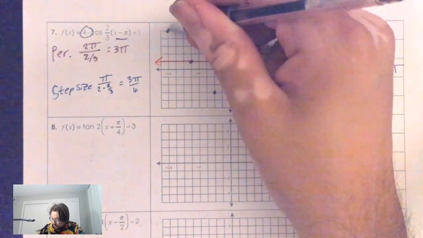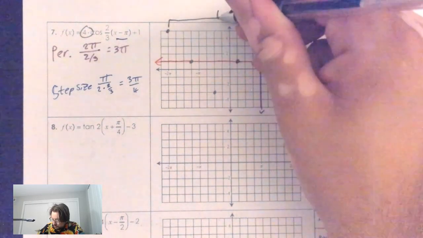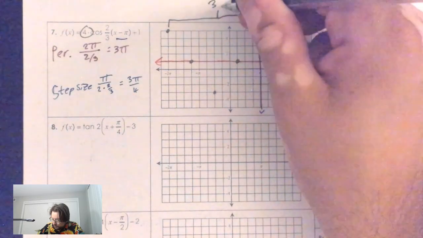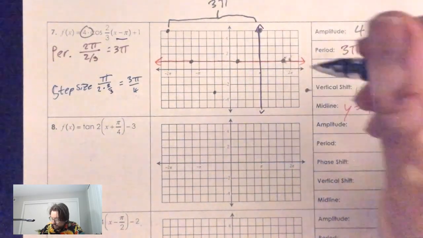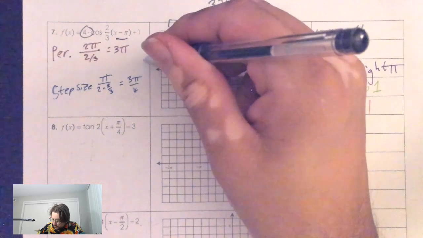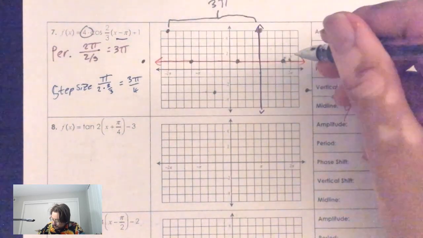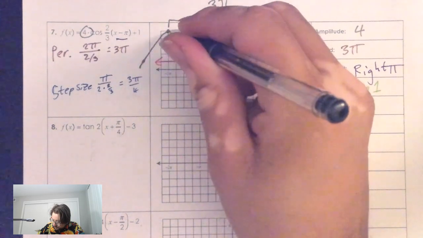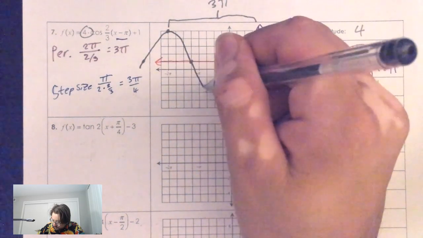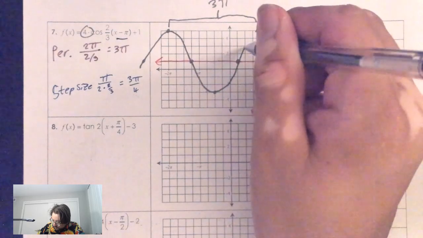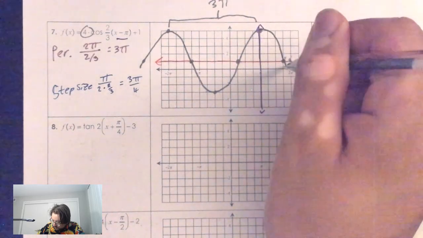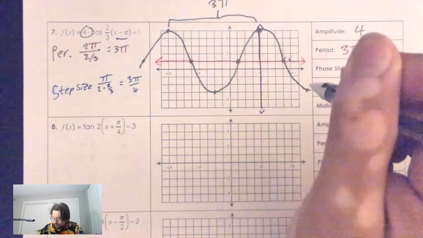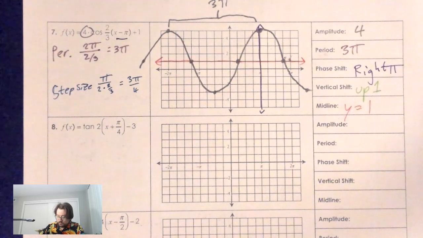And so you see that whole period of 3 pi there. We see that whole period. And then if I wanted to, I could have gone further. So let's graph this. Okay, and so that's another technique.